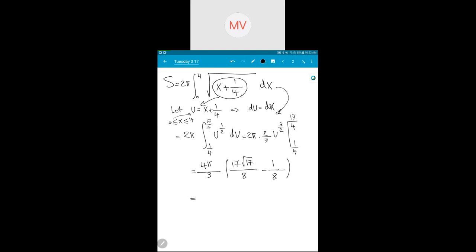Right? Let's simplify a little bit. Can we? Yeah, we can do some stuff. So 8 and 8, that's a common denominator. With that 4 cancels out. So we get pi over 6. And there's nothing that we can do with it, 17 root 17 minus 1. So that would be the most simplified form of that answer.